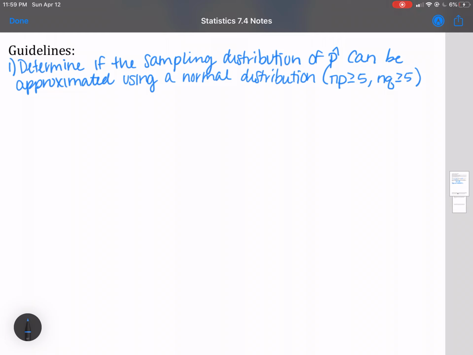After we verify that, we need to state our claim, our null hypothesis and our alternative hypothesis. Then we're going to identify alpha.